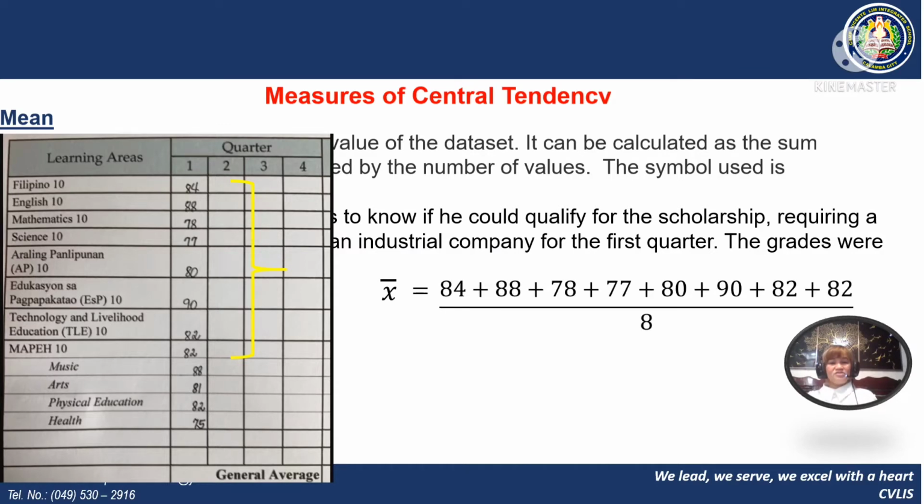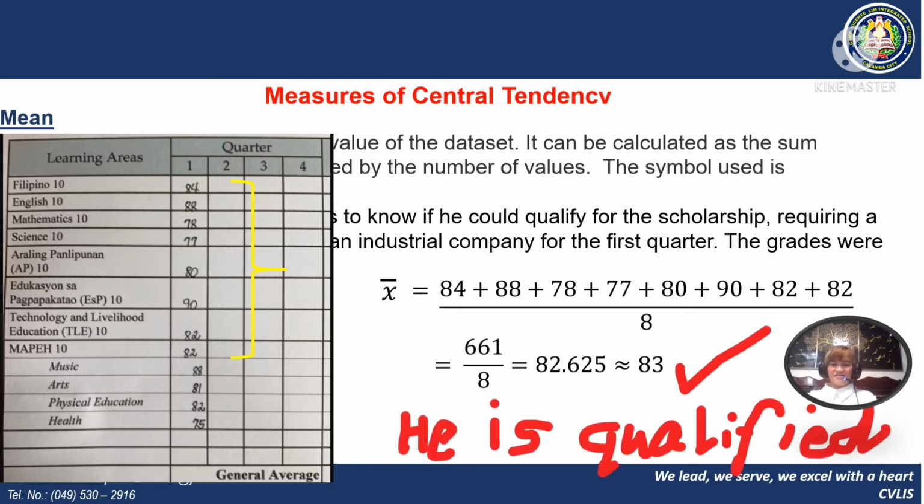So let us add all the grades and then divide the sum by 8. So we have 661 divided by 8, which is equal to approximately 83%. And then he is qualified.